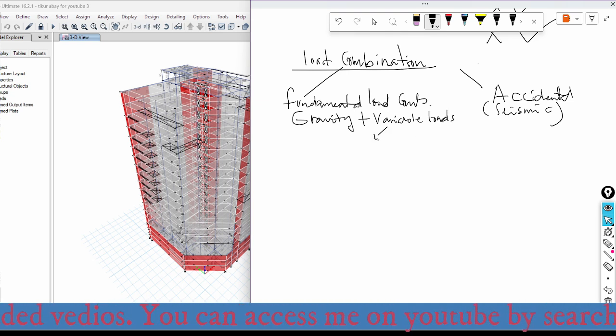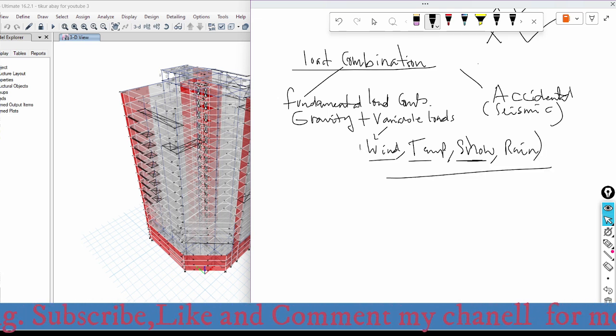Those variable loads may be wind, or temperature, or snow, or rain, and there is also flood live load.